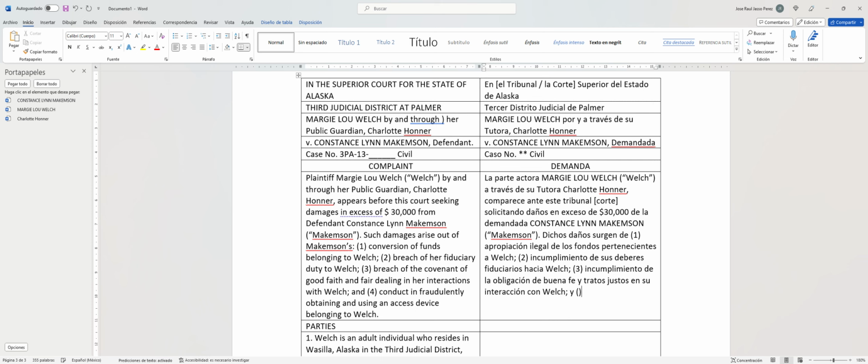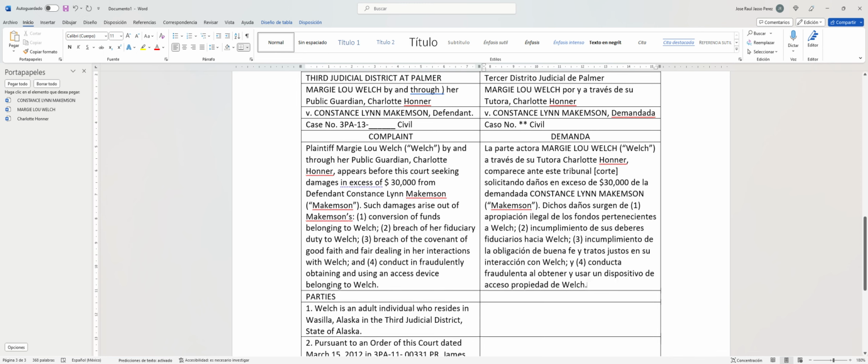Y 4. Conducta fraudulenta al obtener y usar un dispositivo de acceso propiedad de Welch.